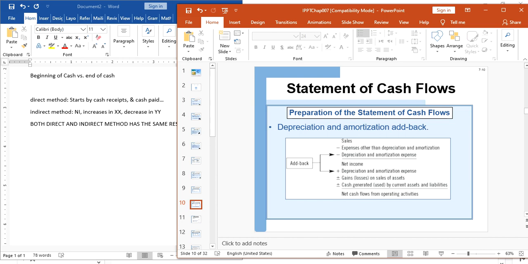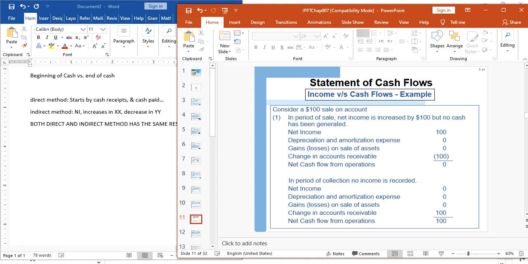That's why the cash flow from operations is larger than net income. It's a non-cash expense, so we add it back.